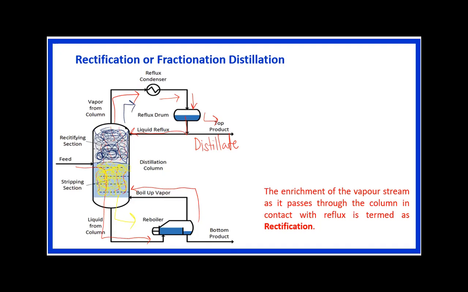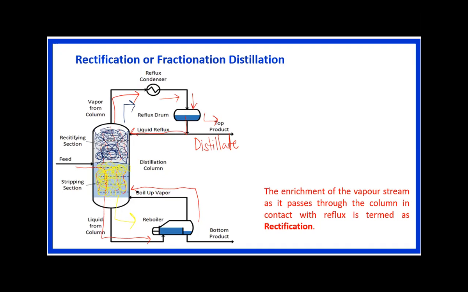As rectification goes on in the section above the feed plate, this section is called the rectifying section. And the stripping process goes on below the feed plate, that is why it is called the stripping section. These are the main two sections of this plate column or packed column.